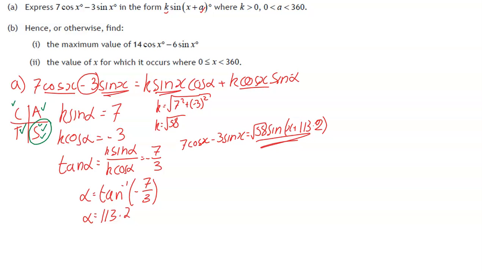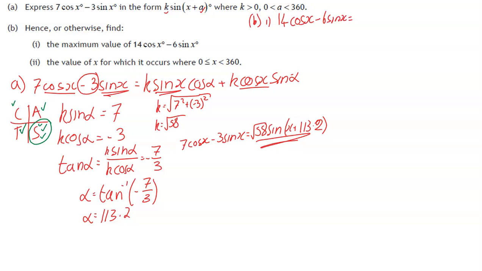Now if we go into part B, first part it says, hence or otherwise, find firstly the maximum value, and then a value for x where it occurs. Now, it wants the maximum value of 14 cos x minus 6 sine x. So it wants the maximum value, so B part 1, of 14 cos x minus 6 sine x.